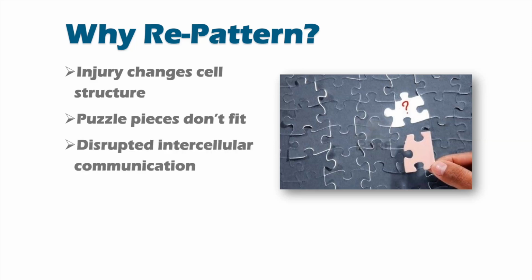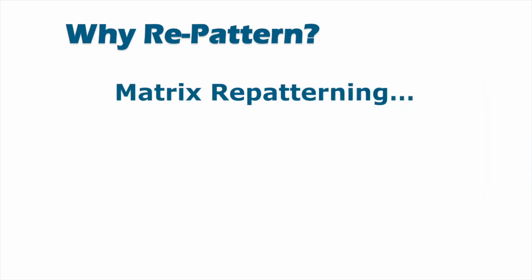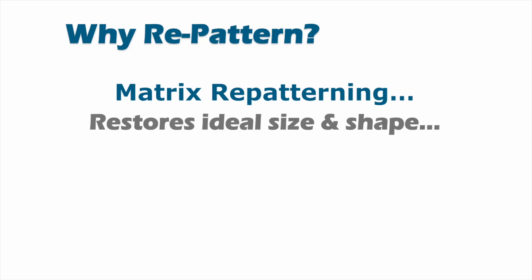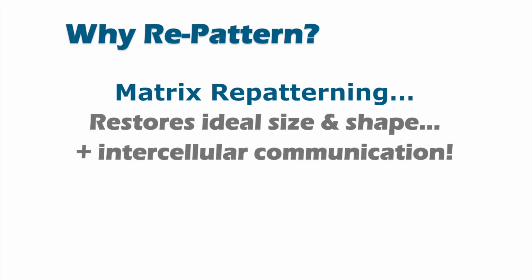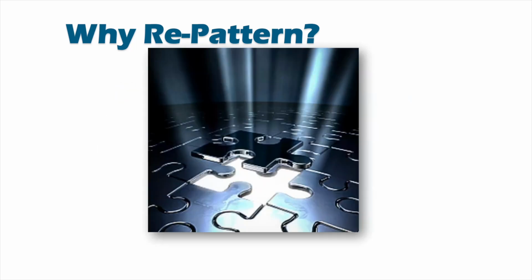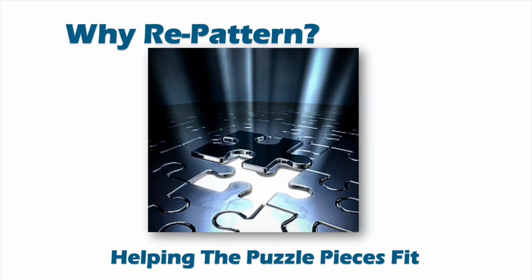In the skull, we have deformation related to intercellular communication affecting neural tissue, and we see rapid resolution of neural functioning through testing, as we talked about here. The problems just keep returning unless those structures are corrected. So restoring the ideal size and shape of bone, including that of the head, is important. It improves intracellular and neural communication, and this is allowing the puzzle pieces to fit.